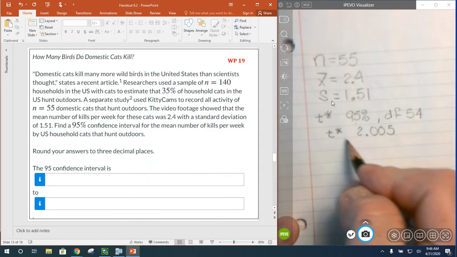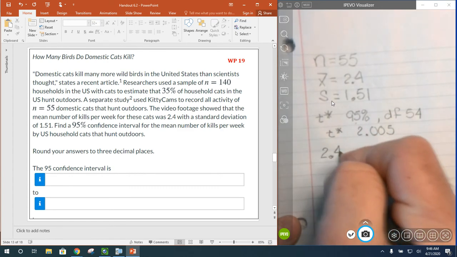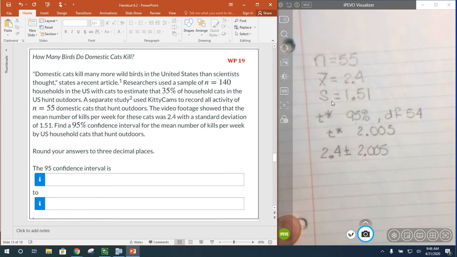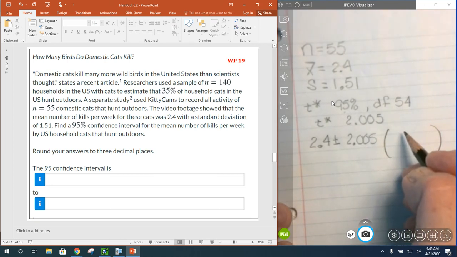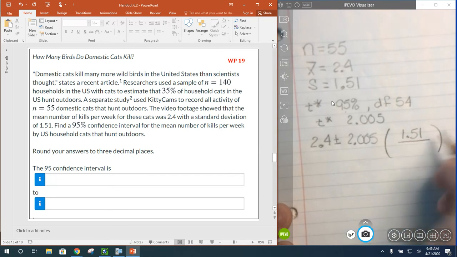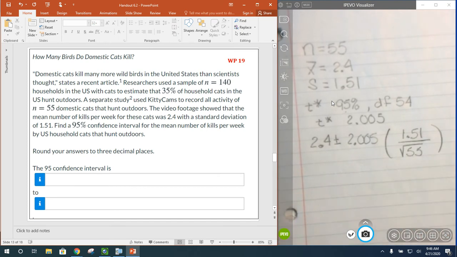So we're going to take our X bar. X bar is 2.4. We are going to add and subtract t star, 2.005. But we're going to multiply that by S, 1.51, divided by the root of 55.